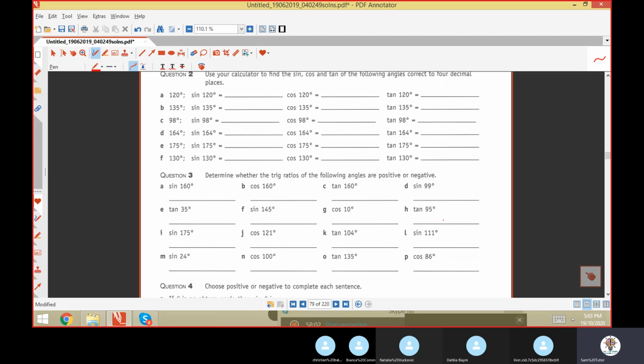Tangent is T. A is for all, so everything below 90 is positive. Everything here would be positive, and tangent would be only positive here. So cos 10 will be positive, that's correct. Make note of that.